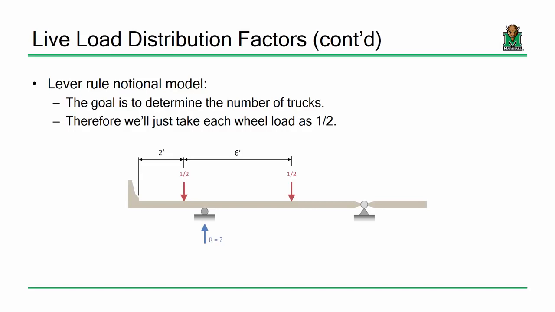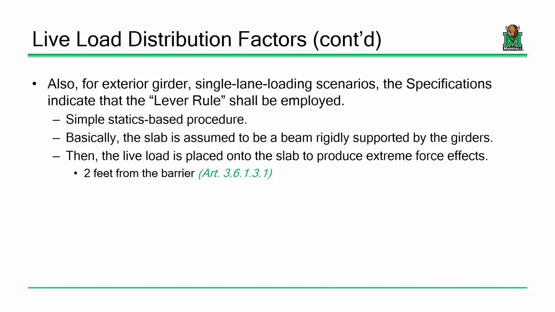Make sense? Now, there are rules as to where you place that truck, and you can go to Article 3.6, which you all have, and I do suggest that you check into that, is that when you're trying to produce extreme effects, you want to take that truck and lump it as far over to the outside as you can, but you can't just lump it over the bridge.